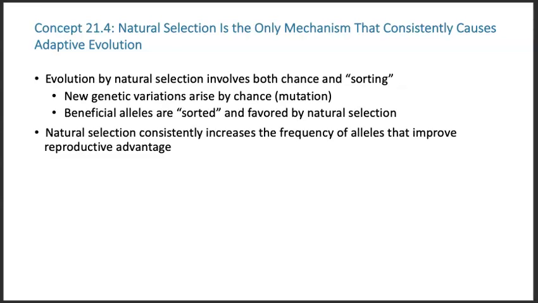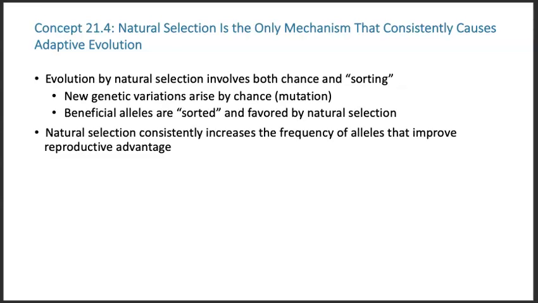And mutation causes variation. So there is some chance involved, but there's also sorting. And what I mean by sorting is that beneficial alleles are favored by natural selection, so they're allowed to go into the next generation. And that's a sorting kind of process, or a non-chance process.